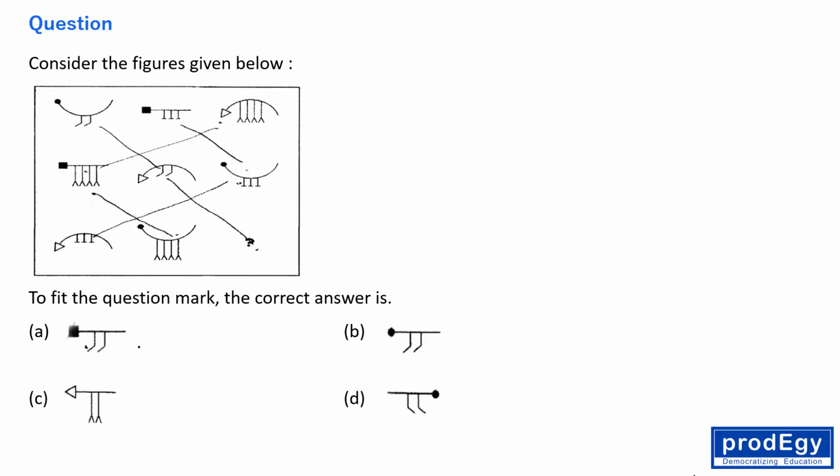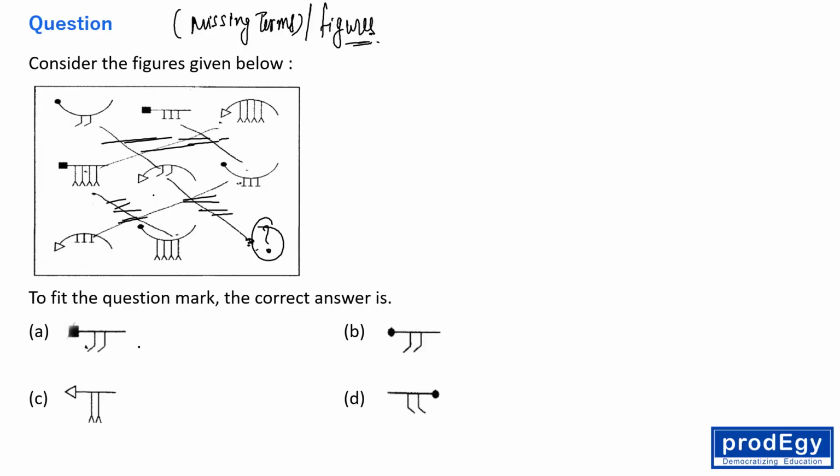See everyone, let's talk about this question. This question belongs to missing terms or missing figures, whatever you want to say. Here this is the question mark, right? And please ignore these lines. These lines are not there in the actual question.